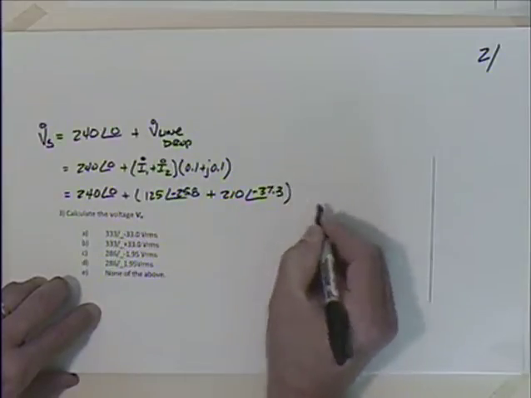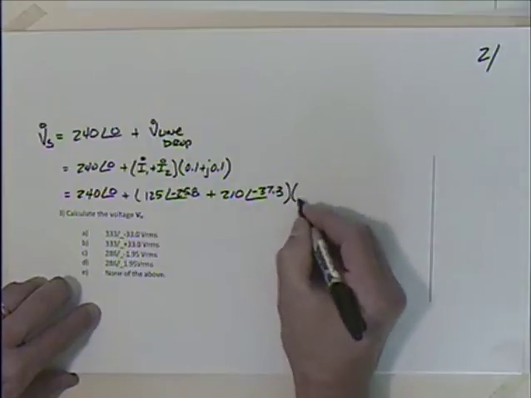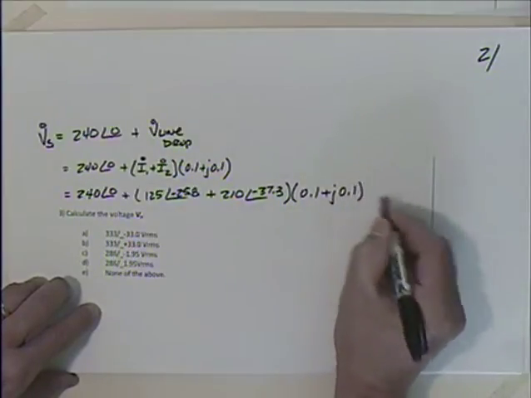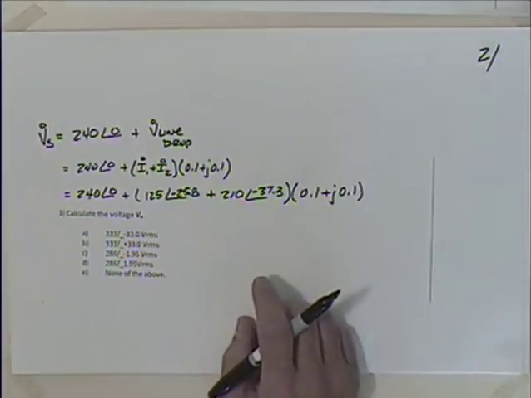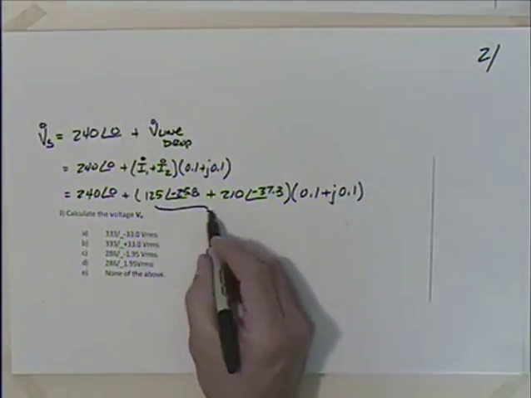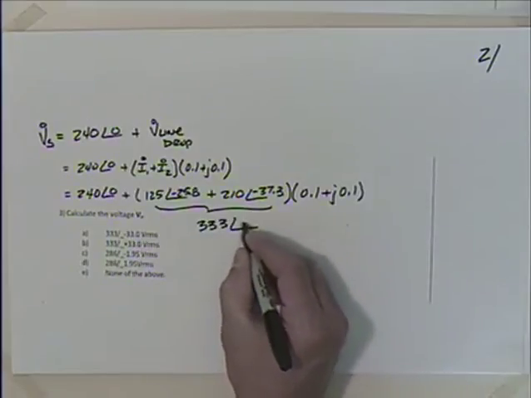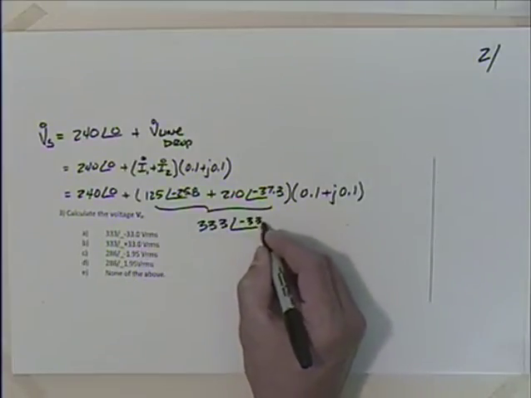I'm going to add those together and multiply that by 0.1 plus j 0.1. So I think this whole thing here turns out to be 333 at minus 33.04.